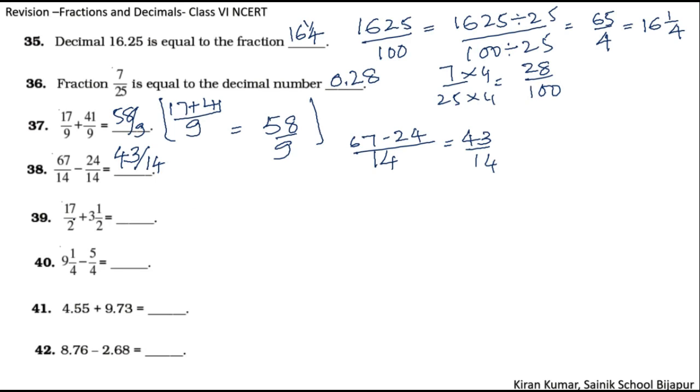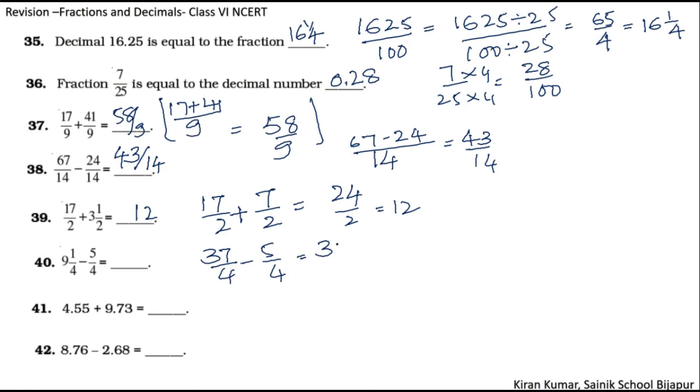Now it's an addition. 17 by 2 plus this mixed fraction I'll write as improper one. It becomes 7 by 2. So 17 plus 7 is 24 by 2, which is 12. So the answer is 12. 9 1 by 4, it is 37 by 4 minus 5 by 4, it becomes 32 by 4, which is 8.